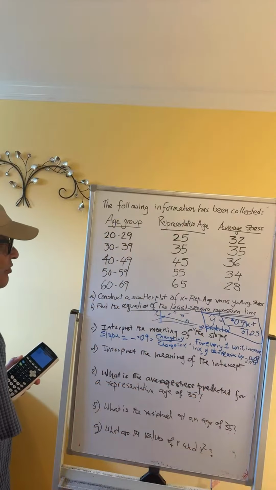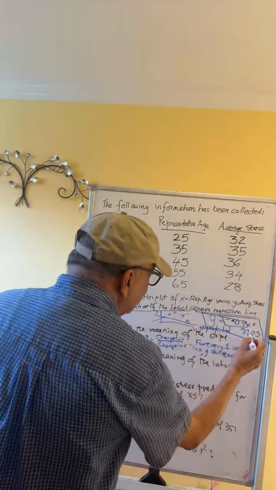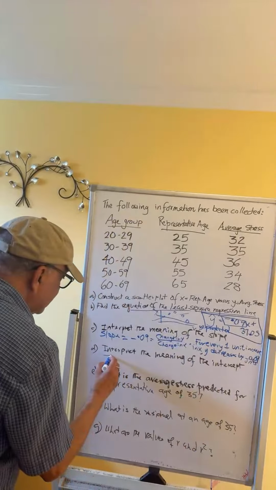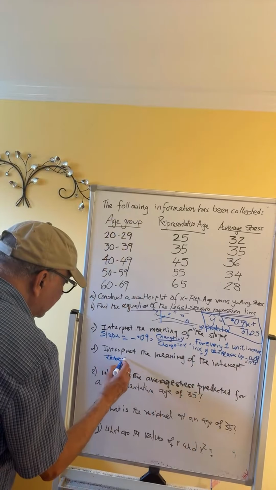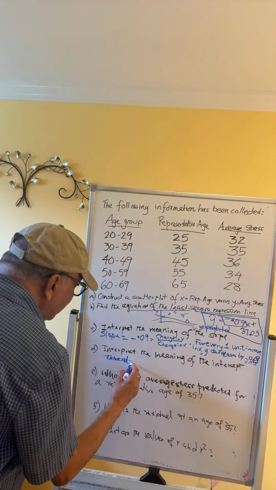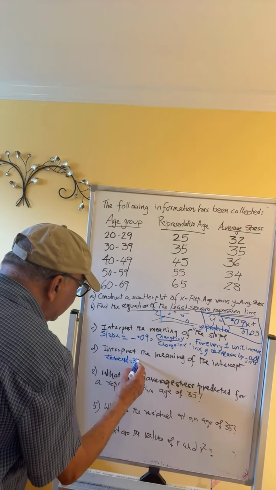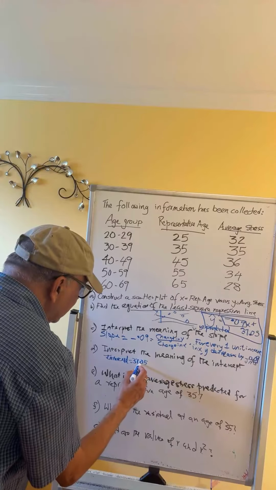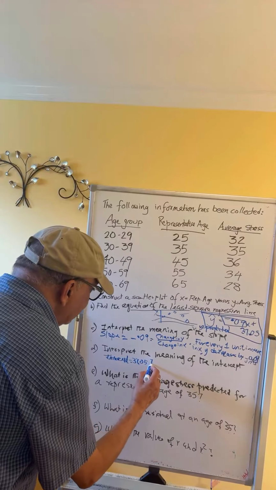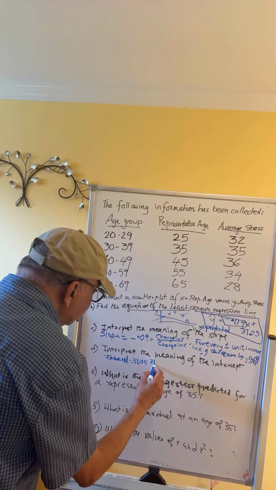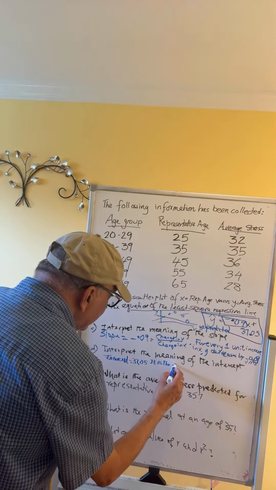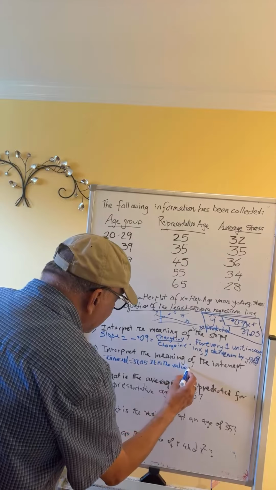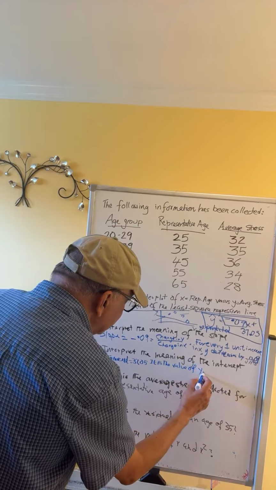Interpret the meaning of the intercept. So in this equation, the intercept is 37.05. It is the value of y when x is equal to 0.